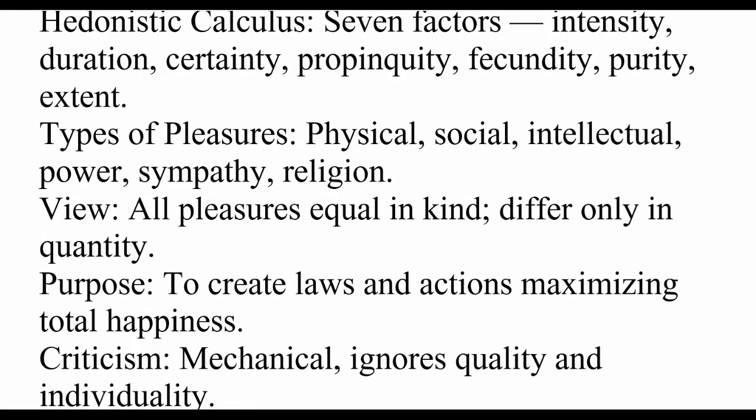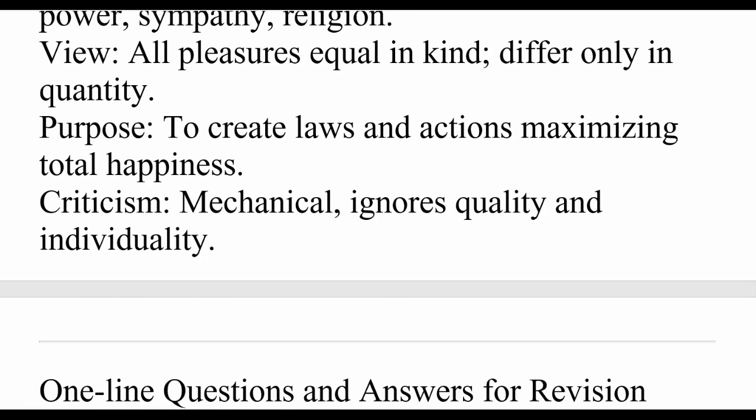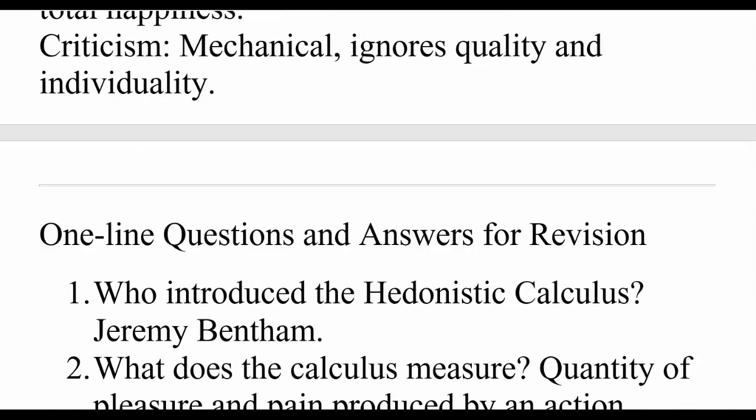The types of pleasure include physical, social, intellectual, power, sympathy, religion. The view is that all pleasures are equal in kind and differ only in quantity. Purpose is to create laws and actions maximizing total happiness. Criticisms include mechanical, ignores quality, and individuality.